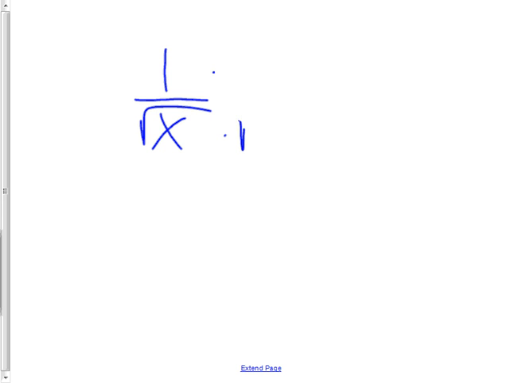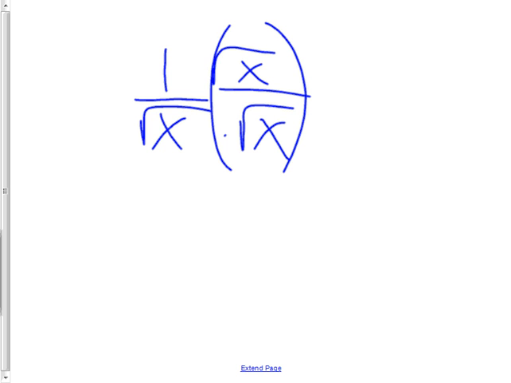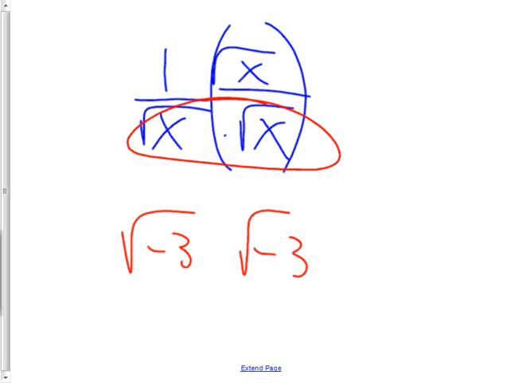Square root of x. If I do the square root of x and the square root of x, like this, I'm really multiplying by 1, so it's totally legal. And this part becomes what? Just x. Do you get square root of negative 3 and the square root of negative 3 makes negative 3? It's like a definition of square roots.